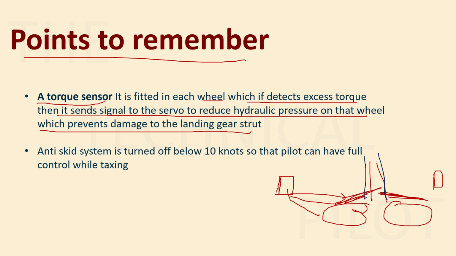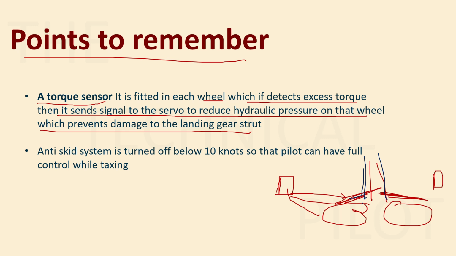So what will it do? It will again release the hydraulic pressure from that wheel. It will release that pressure, and the torque will also reduce, obviously, because the braking pressure is removed, right? So the torque will reduce, and hence the aircraft will be safe. The strut won't get damaged, right?